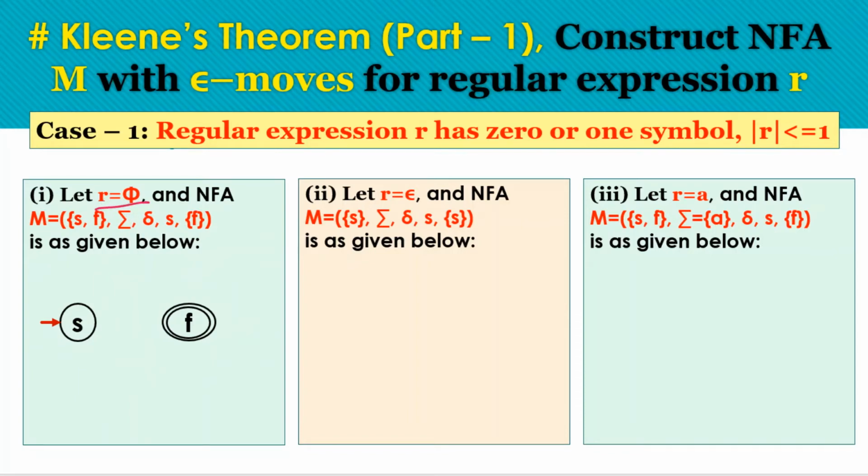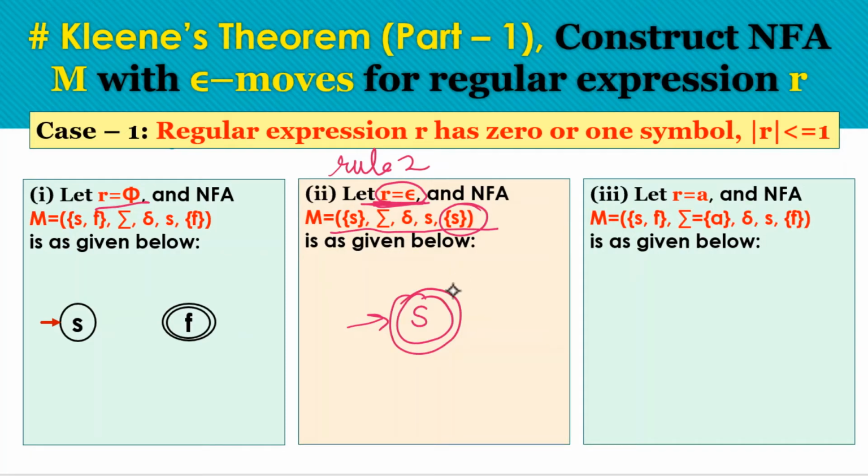Now the second case is rule 2 for case 1. If the regular expression is null, meaning only null must be acceptable, then we have a machine with only one state, which is both the initial state and the final state. We just draw one state as initial and final, and we have no input symbol.